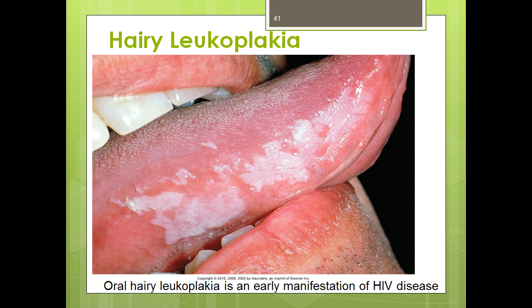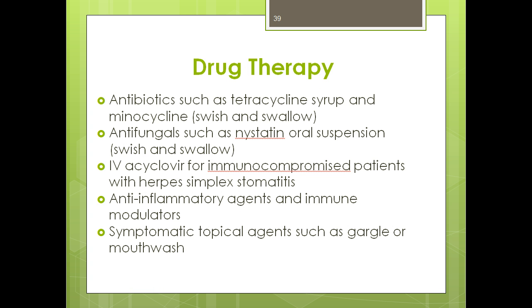Next, and then for that, also you want to talk about the oral drug therapy. Usually, people might have antibiotics such as tetracycline syrup and minocycline, which is a swish and swallow, as well as antifungals such as nystatin, which is also a swish and swallow.